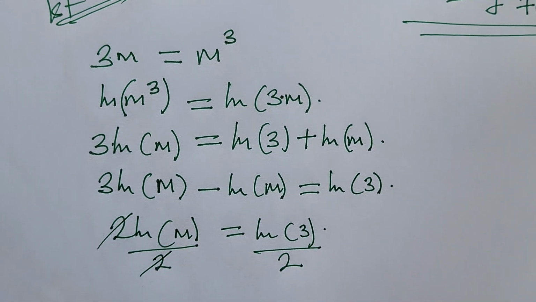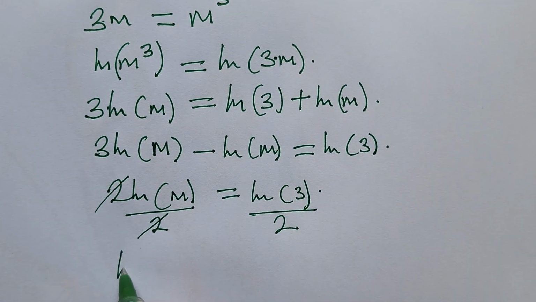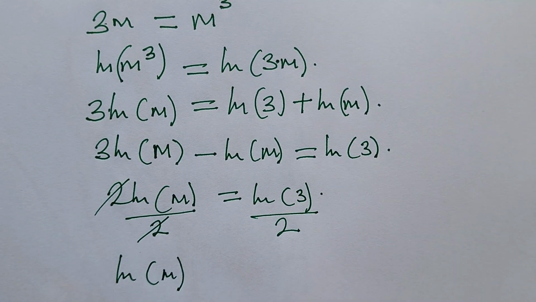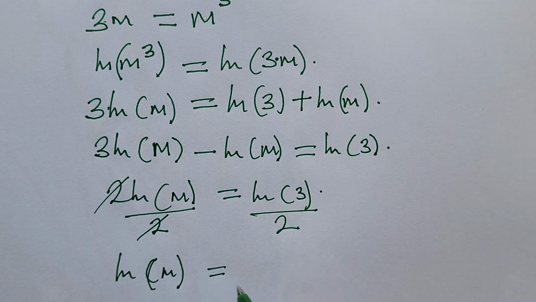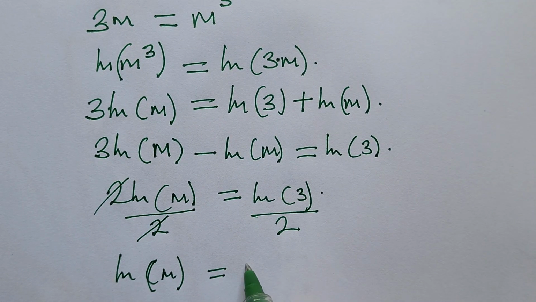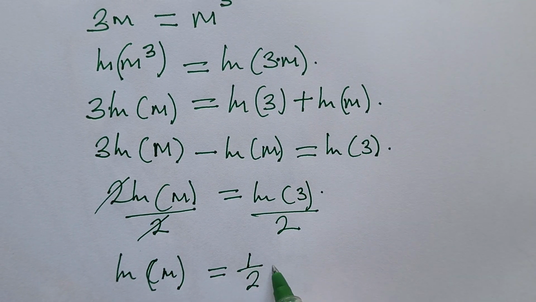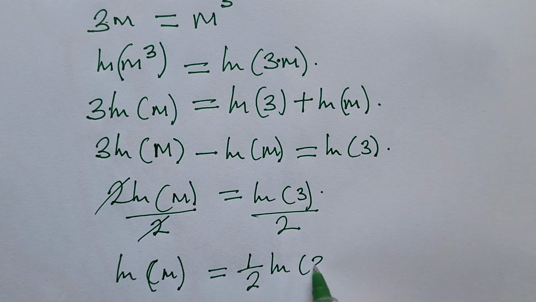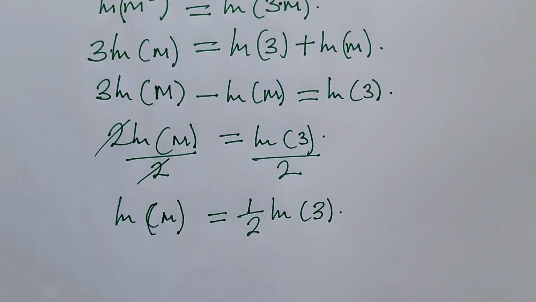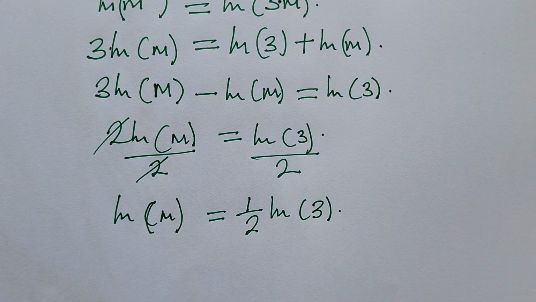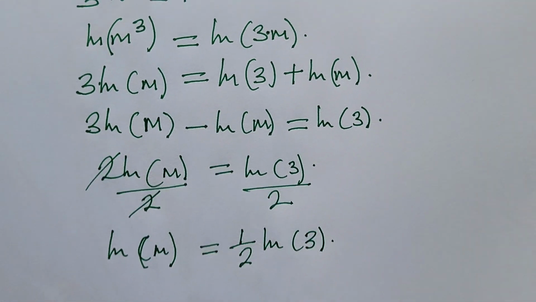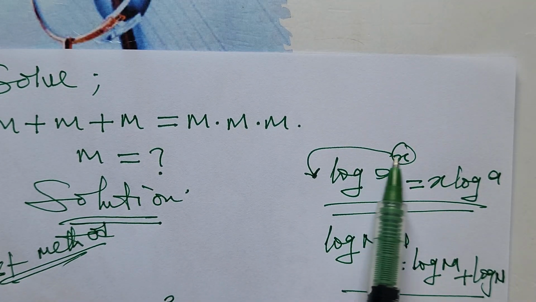So we now have our ln of m, close bracket, then equal to, this expression could be written as 1 all over 2 into ln of our 3, close bracket, right? Good. Now remember the law we just looked at, which is the power law of logarithm.